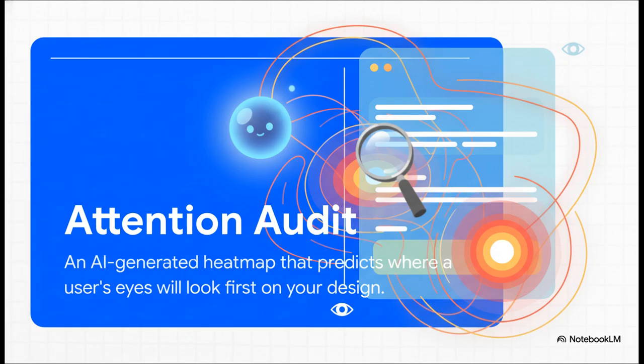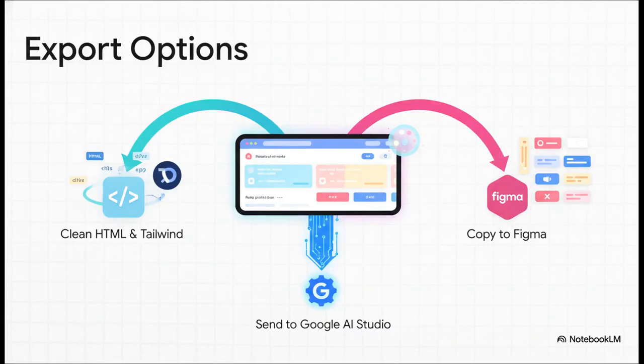If your big, important Buy Now button isn't lighting up like a Christmas tree, you know you have a problem, and you can fix it instantly. And when you're happy with your design, getting it out into the world is super flexible. You can export clean, production-ready code in formats like React, HTML, and Tailwind CSS. You can copy your layout straight into Figma with all the auto layout intact, or you can send it directly to developer tools like Google's AI Studio.